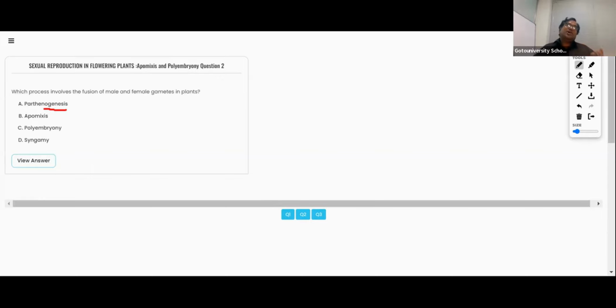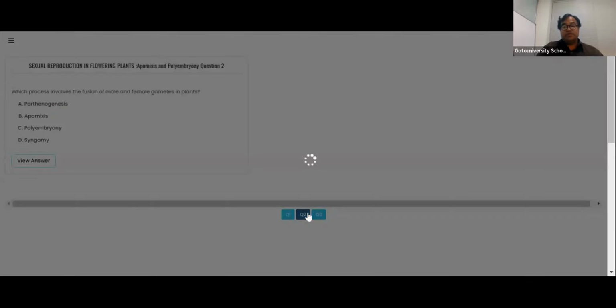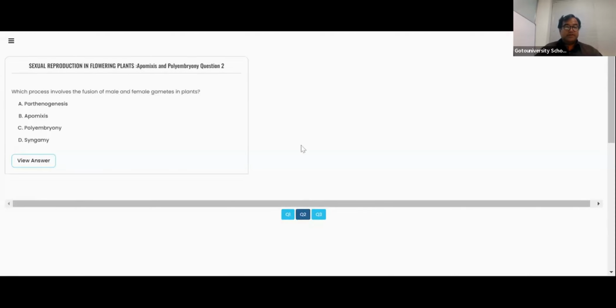Turkey bird is an outcome of parthenogenesis. That means the male gamete is not involved. Turkey bird is formed without the help of the male gamete. We need to keep both plant examples and animal examples in our mind. So syngamy is also called the fertilization process. Bringing multiple terminology is very important.